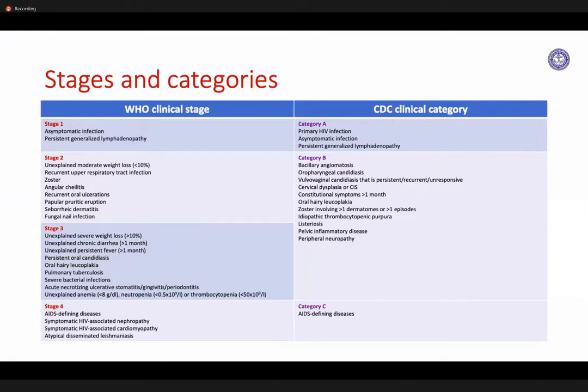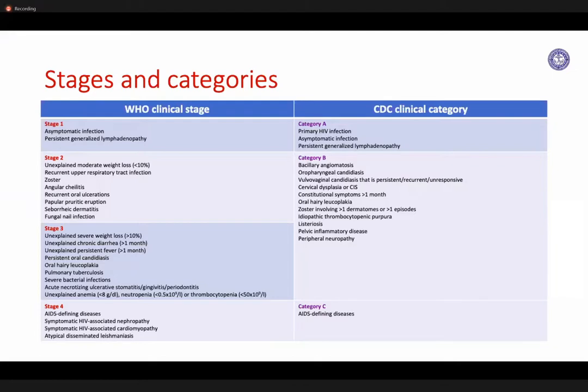On the WHO clinical stage side, the stage 2 is when the person has unexplained moderate weight loss of less than 10% of body weight, recurrent upper respiratory infection, zoster, angular cheilitis, recurrent oral ulcerations, papulopruritic eruption, seborrheic dermatitis, and fungal nail infection. Now you would see that these are all very common things and very, very trivial things.